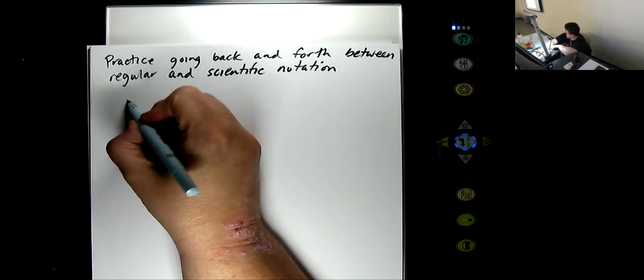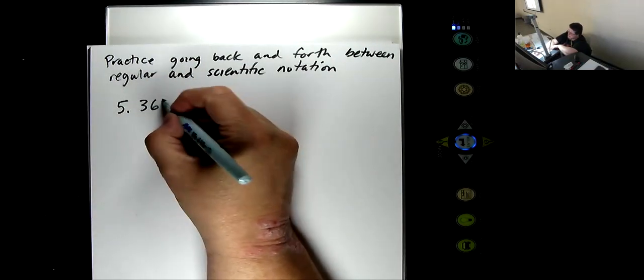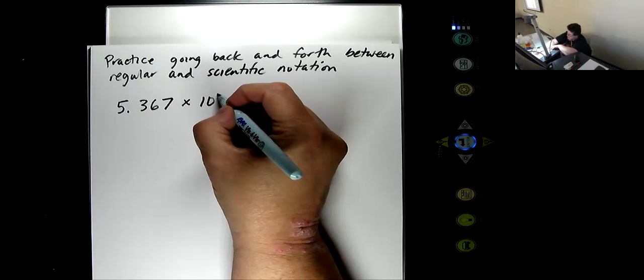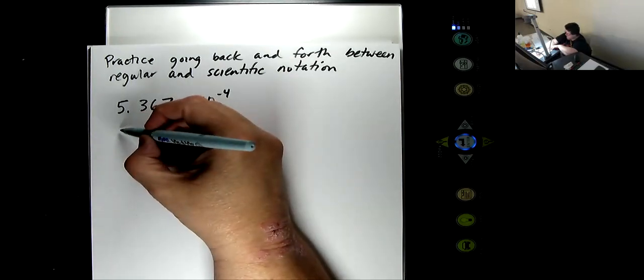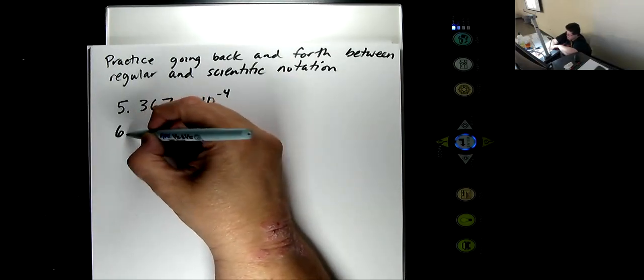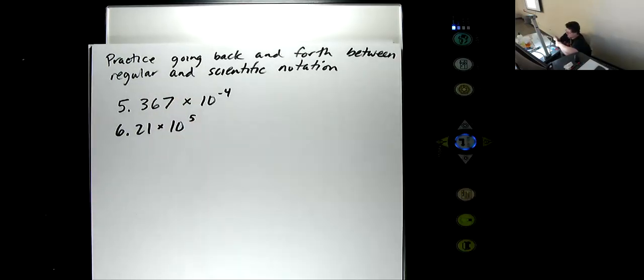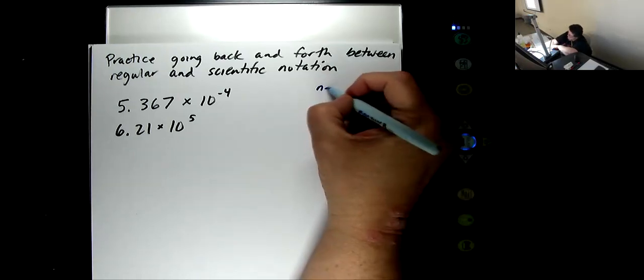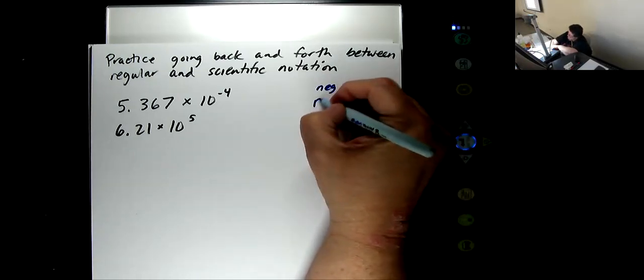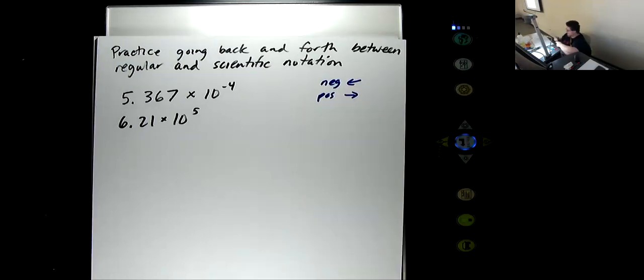So let's start off with two numbers. I want you guys to give this a try. If it's negative, move it left. And if it's positive, move it right. Give it a try, see what you come up with.